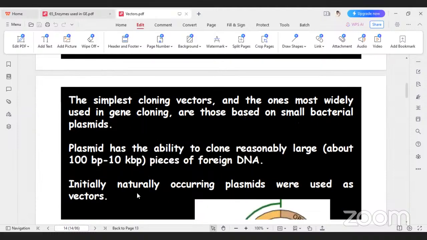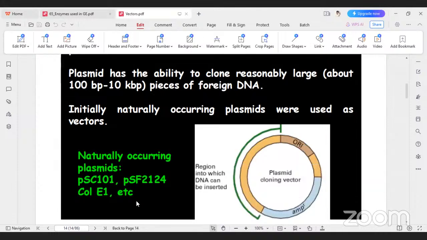Initially, naturally occurring plasmids were used as vectors, natural, not artificial. The naturally occurring plasmids are pSC101, pSF2124, ColE1, and the artificial pBR322. That is not given here, but remember pBR322, so it is artificial.